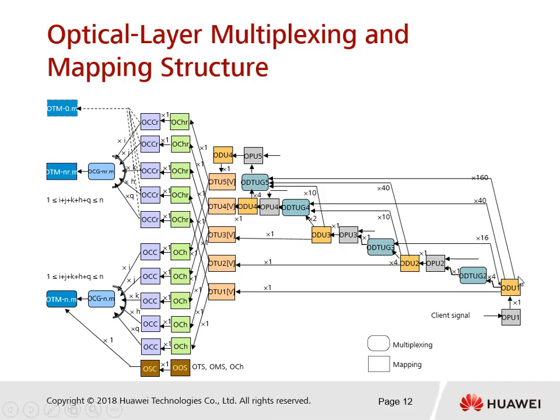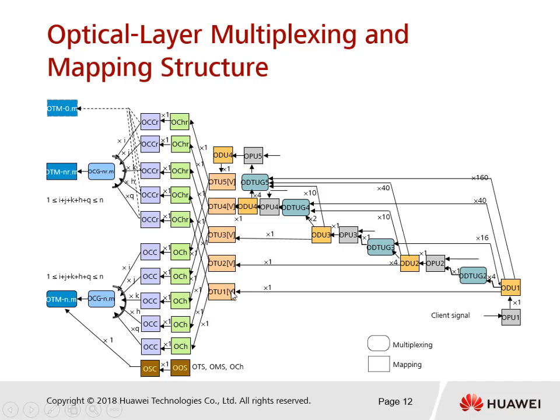From ODU1 to ODU3, we need 16 ODU1. From ODU1 to ODU4, here we need 80. You can see 4 multiplied by 4 multiplied by 10. So that is 80. Sorry, 40 here we should use.